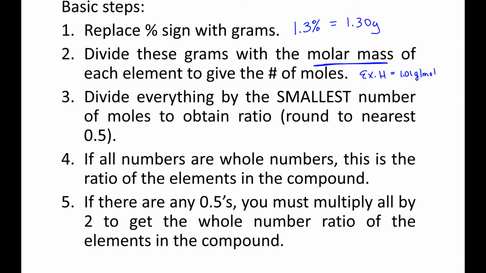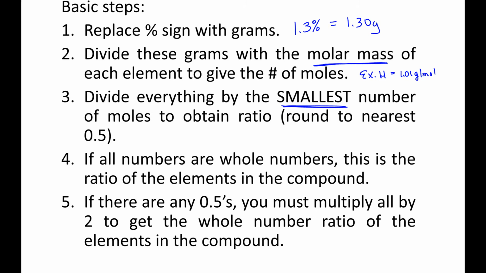You'll get an answer that gives you the number of moles in that sample. Divide everything by the smallest number of moles. So let's say you've got 0.33 moles and 0.98 moles. You're going to divide everything, all of it, by the 0.33, the smallest number of moles that you got when you calculated step 2.